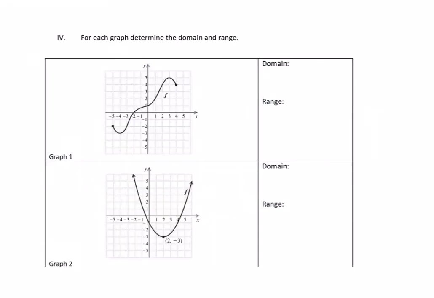So the first thing we're going to do is start with some graphs. We want to determine domain and range. The first question I'm going to ask you is, is it a function? If we look at graph 1, yes, this does pass the vertical line test. Each x value corresponds to only one y value.